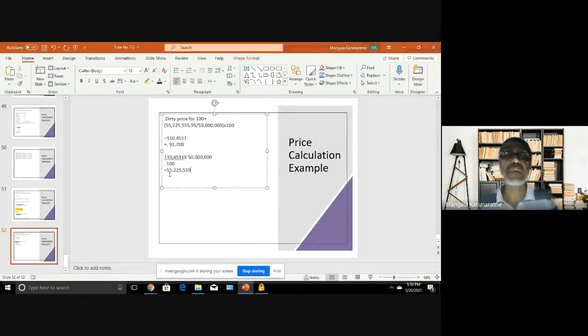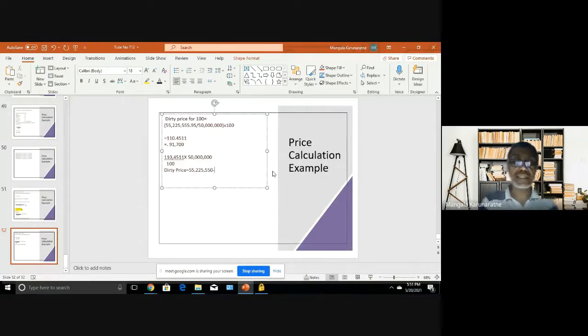Now what we got earlier was 55,225,595. But when we take it for 4 decimals, we divide it by 50 million and multiply it by 100 and take it for 4 decimals, and then do the recalculation. So it will get fine-tuned and we get a dirty price of 55,225,550.